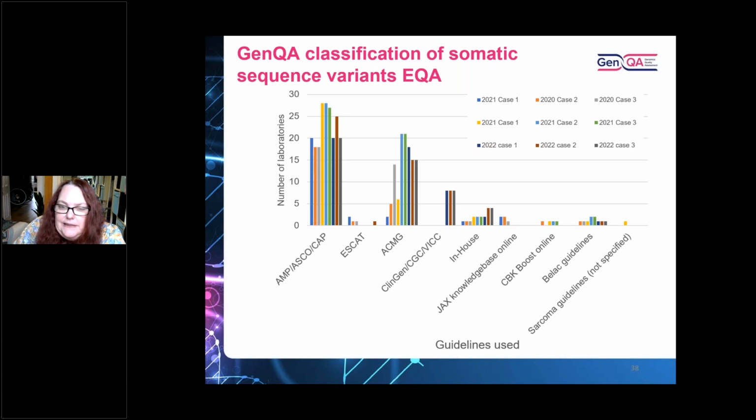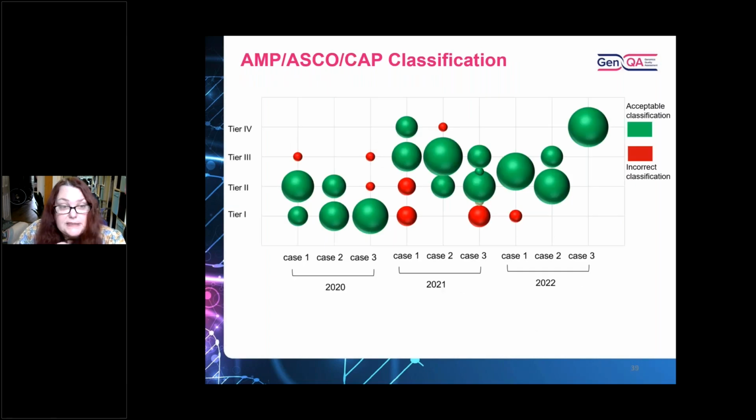That was particularly clear when we sent out variants that were fusion transcripts, and people would use different guidelines from what they might use for, for example, a BRCA variant. So the guidelines used will depend on the individual laboratories, but also the cases they're trying to interpret.